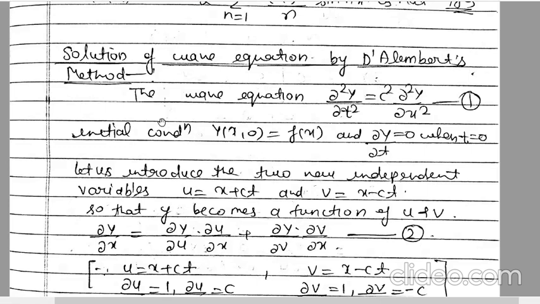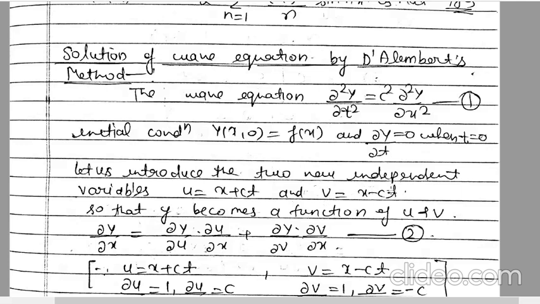So initial conditions, we know that y at x, 0 is equal to f(x), and del y upon del t is equal to 0 when t is equal to 0. So let us introduce two new independent variables, u is equal to x plus ct and v is equal to x minus ct.